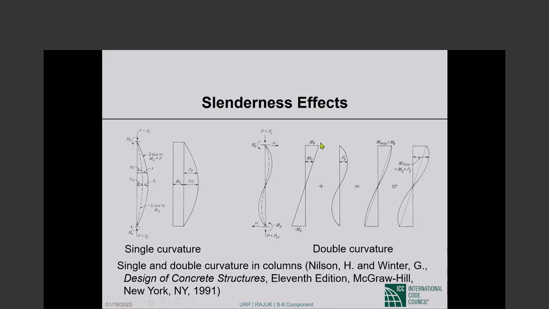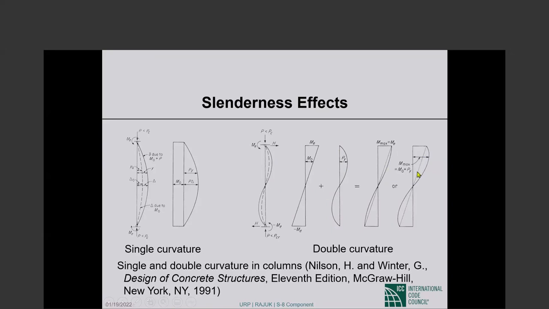The bending moment caused by the end moments is now like this, and the bending moments caused by the P delta effects are like this. Now, the sum of this and that may look like this in the left-hand picture, or it may look like that in the right-hand picture.